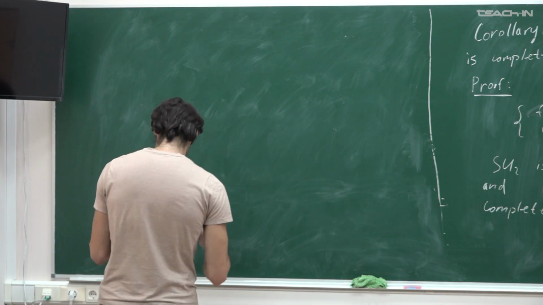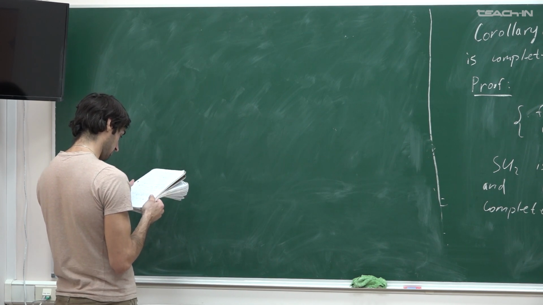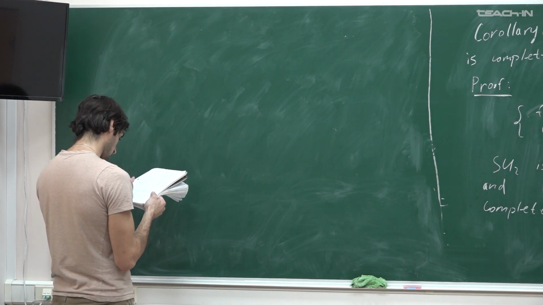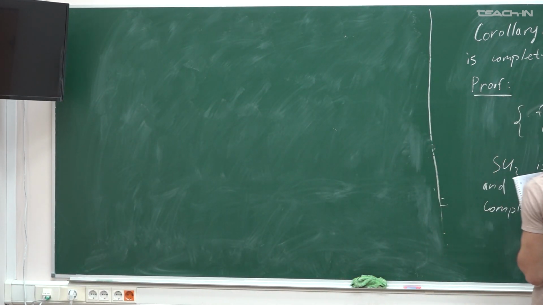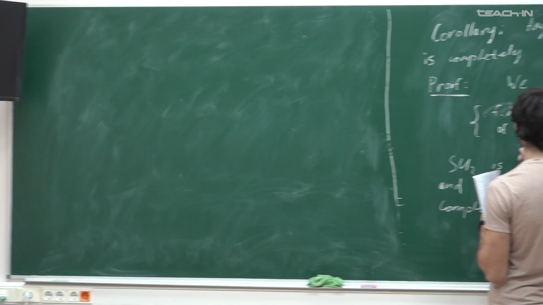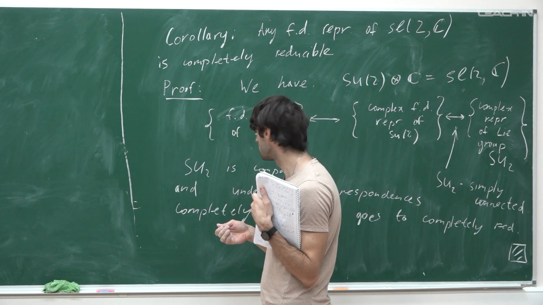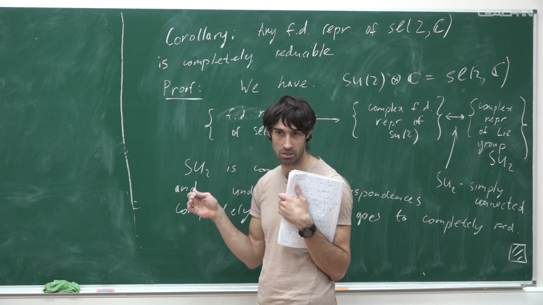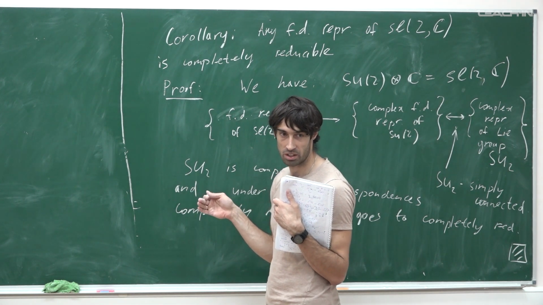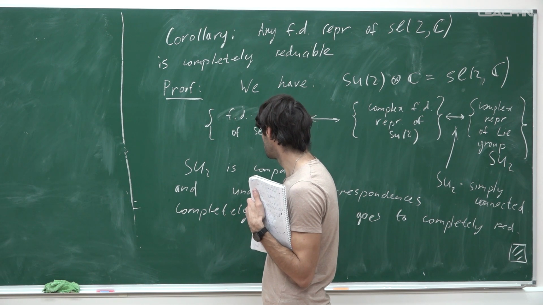All right. By the way, the complete reducibility of representations of SL2 can be proved in various ways. One is more algebraic, if we don't use groups, using the center of the universal enveloping algebra.